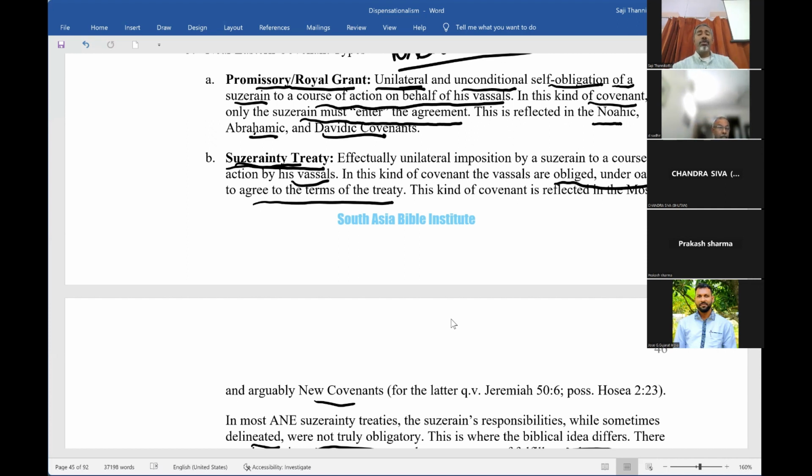Right, and if you are a non-Muslim, that means you need to pay, I don't know, maybe 10 or 20 percent tax to these people if you wanted to stay. So the idea is this: someone who is in power comes and imposes his rules. Yes, so that is what a suzerainty treaty is.